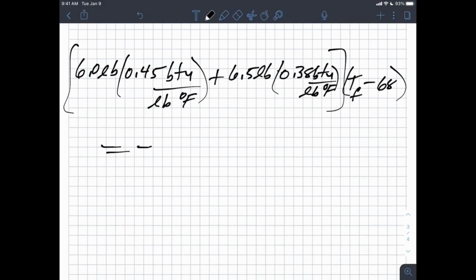So negative mass of the water. Well, I don't weigh out the water. I measure the volume, and I had 2.75 gallons. And if you look up the conversion, you see that it's about 8.34 pounds per gallon of water.